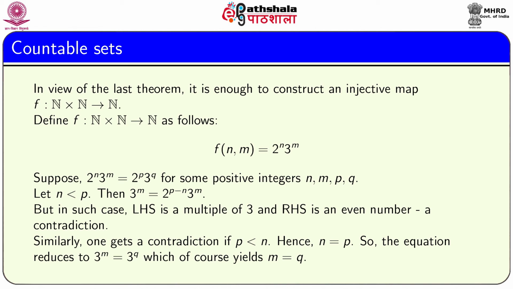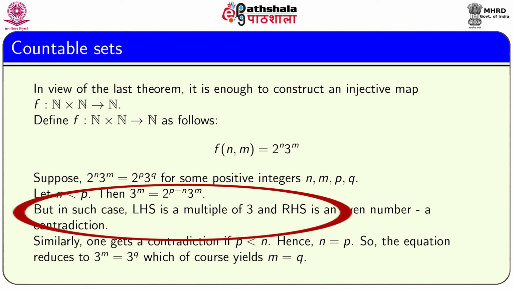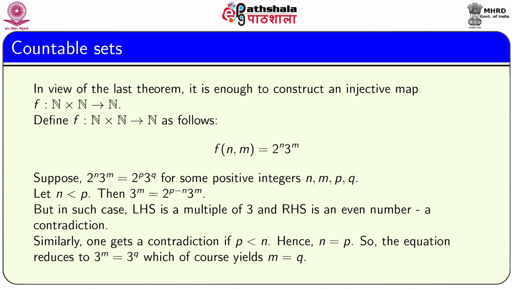Then we have 3 to the power m is equal to 2 to the power p minus n times 3 to the power q. But in such a case, the left hand side is a multiple of 3, while the right hand side is an even number, which cannot be possible.